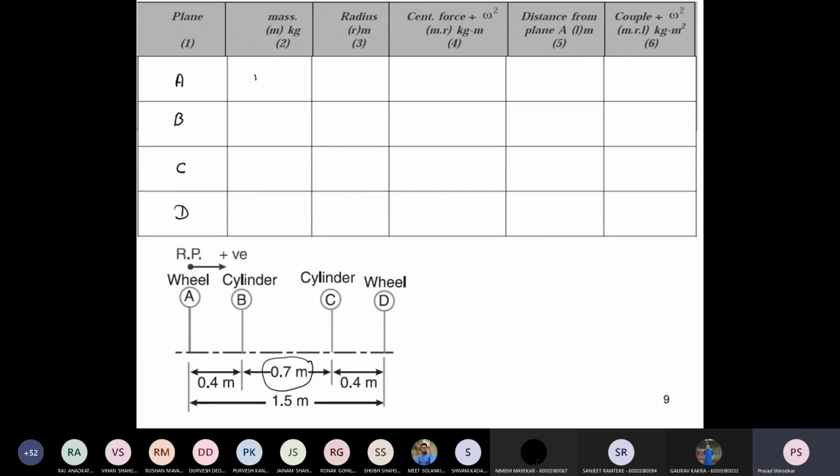The balancing masses are located at A and D. So 1.5 minus 0.7 divided by 2 comes out to be 0.4, so 0.4 from either of the masses B and C, that is the cylinder that is rotating, plus MA and MD. MB and MC are the rotating plus partial reciprocating mass. Alright, so this is the arrangement of the masses.